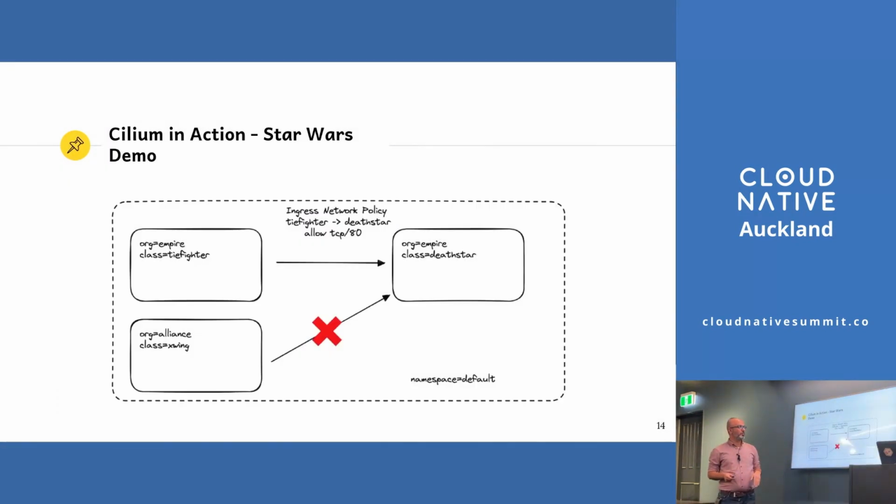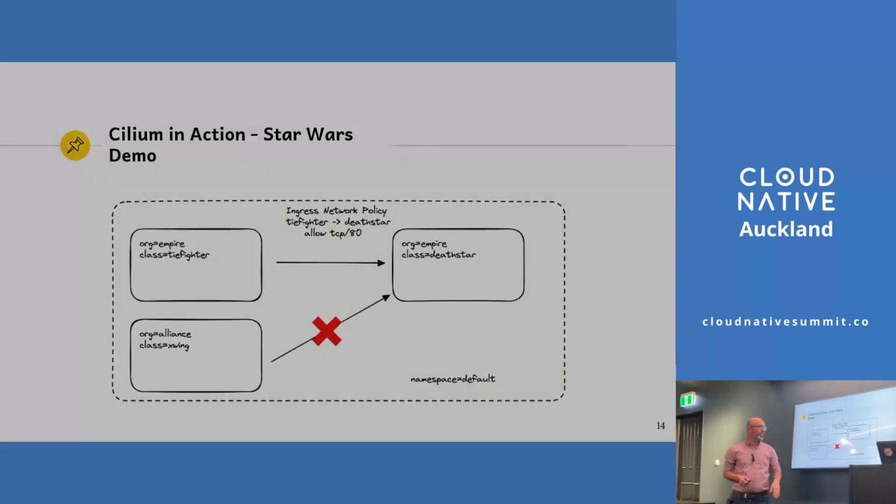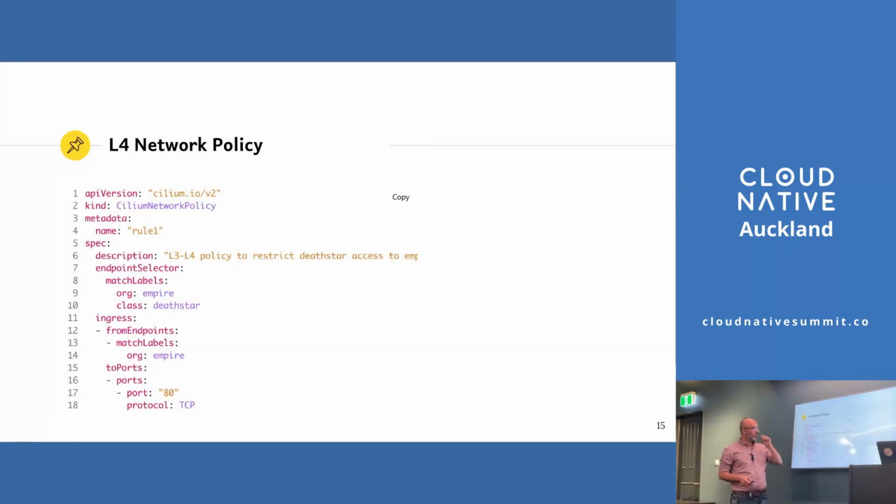So what we'll do is create a network policy basically matching traffic from a TIE fighter to a Death Star with TCP 80 is allowed, everything else is denied. And this is the policy.